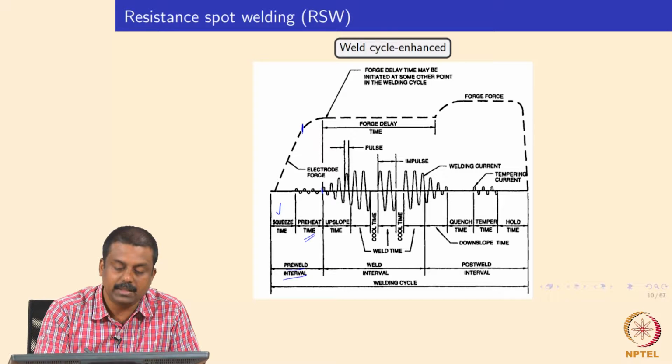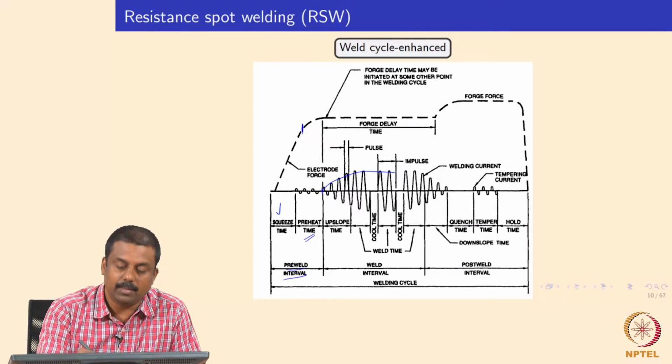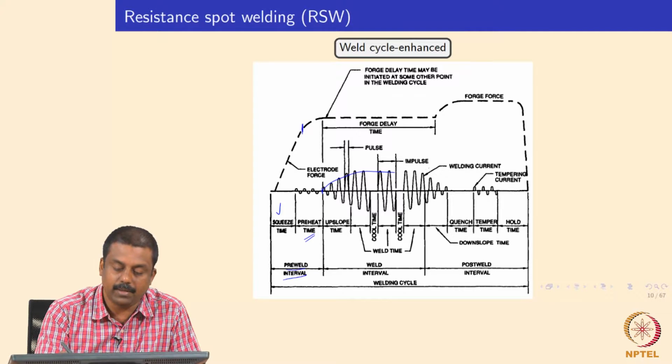We can also have a ramping up current, where you gradually heat up your welding sheets to a temperature above the melting temperature, and during this process you can apply either a pulse or a constant amplitude.